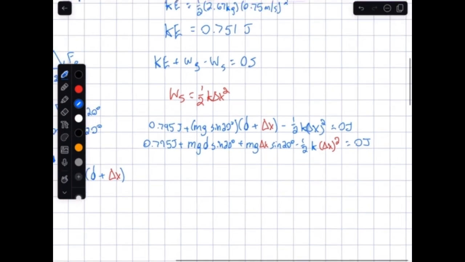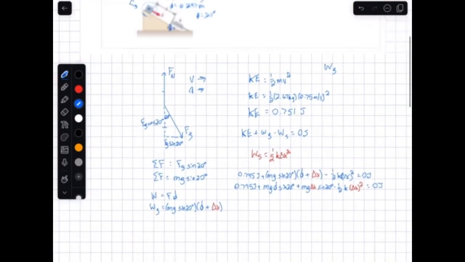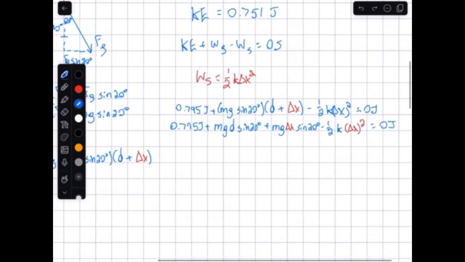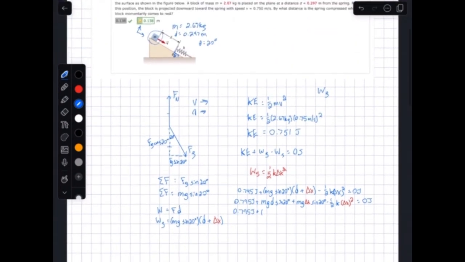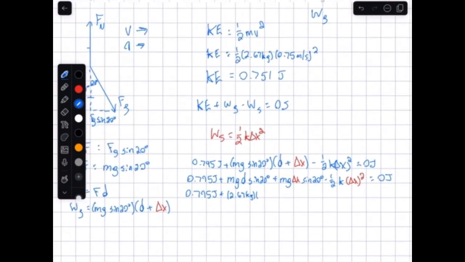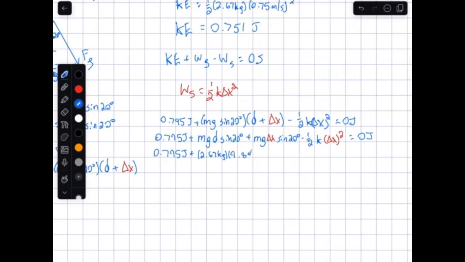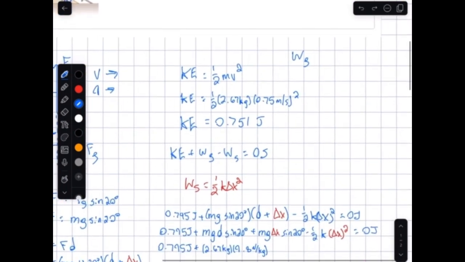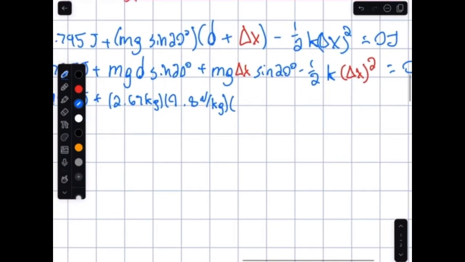So here we know the spring constant, so we could just plug everything in. We'll have 0.795 joules plus m, which is 2.67 kilograms, times force of gravity, 9.8 newtons per kilogram, times the distance, 0.297 meters, times the sine of 20 degrees.